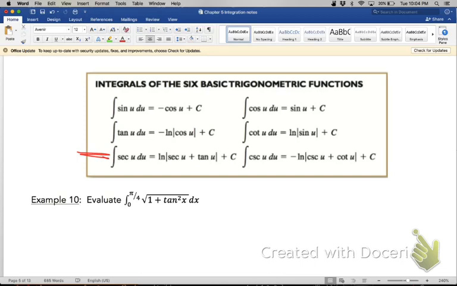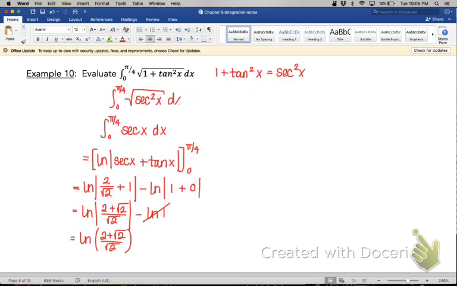So here is example 10. Here is how this works out. I would take just a second to copy that down, maybe put the video on pause, and then you can come back and listen to some of my comments here. But the thing that I want to point out, I've mentioned to you before that when it comes to your trig identities, the main things that you need to have memorized are all of your reciprocal rules, so like secant is 1 over cosine and things like that.